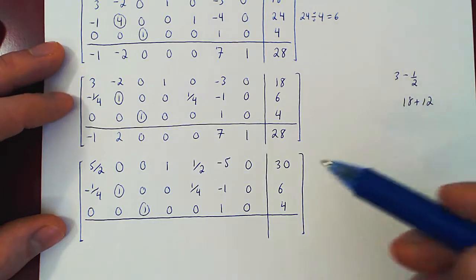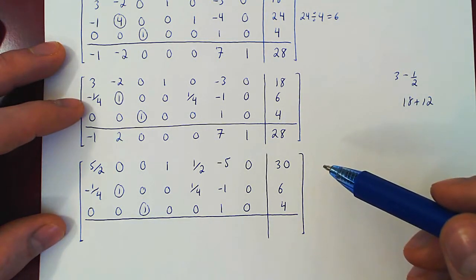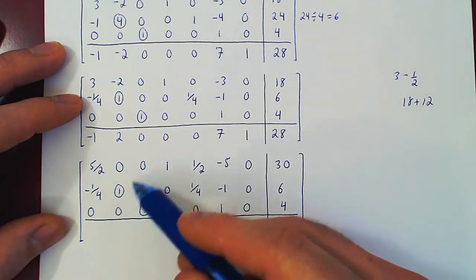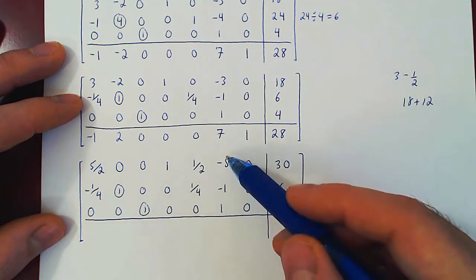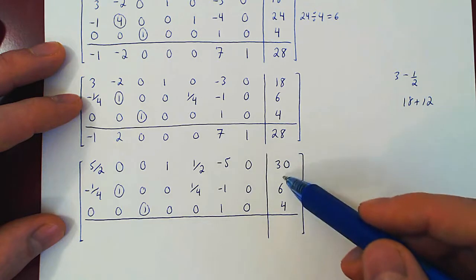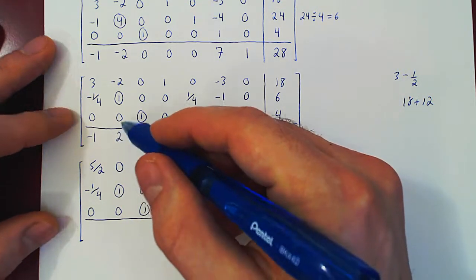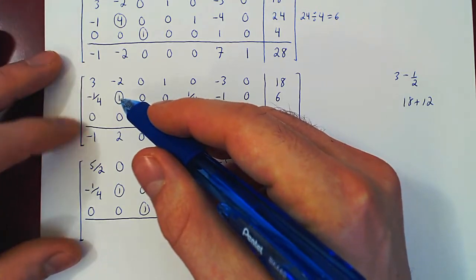Let me just double check quickly. Good. Let's kill now this entry by doing row 4 minus 2 of row 2.